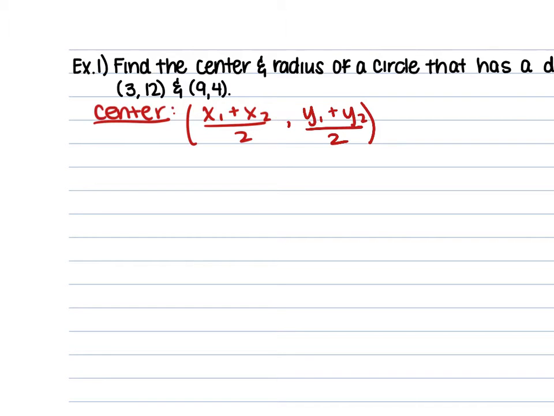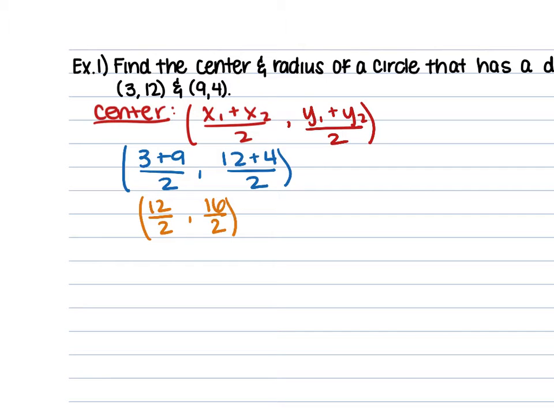So this is going to give us 3 plus 9 divided by 2 and 12 plus 4 divided by 2. The 3 plus 9 is 12 over 2, and then the 12 plus 4 is 16 over 2. So we are going to have (6, 8) as that center point.